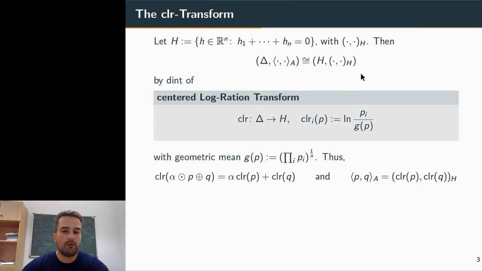So now what's the CLR transform looking like? It's defined over here. So its ith component is just the log of p_i over g(p), where g(p) is the geometric mean of the simplex element p. Now, most of you likely have not seen this CLR transform before.